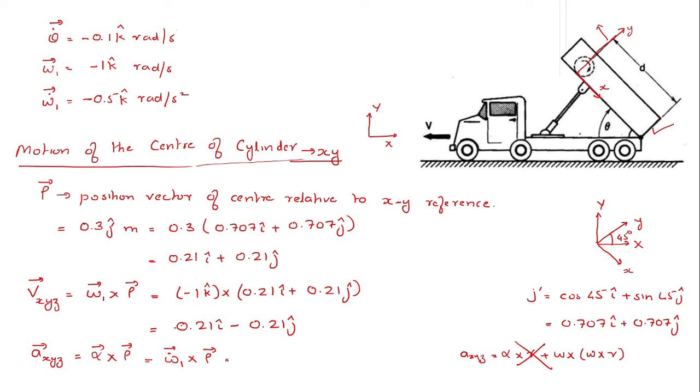So this will be equal to minus 0.5 k cap cross 0.21 i cap plus 0.21 j cap, which, if you solve both of these, you will finally get 0.106 i cap minus 0.106 j cap.